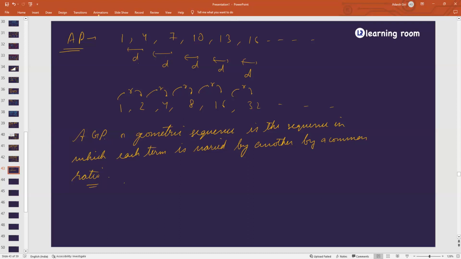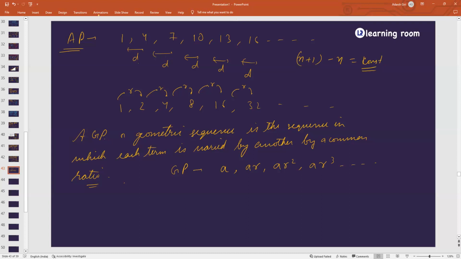So I can write a general GP as the first term a, then a into r, then a into r square, then a into r cube, and so on. Earlier, what used to be there? n plus 1 minus n, right? That used to be constant.